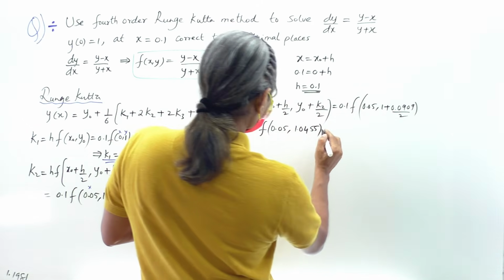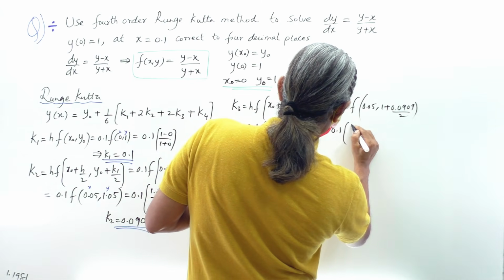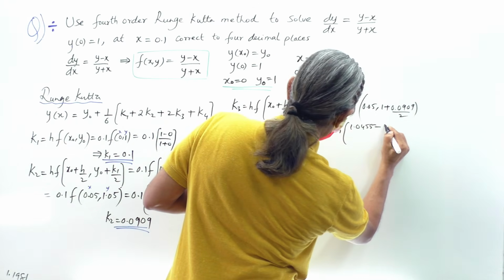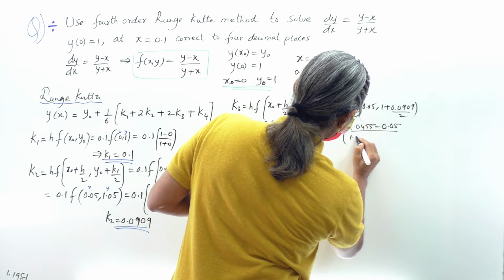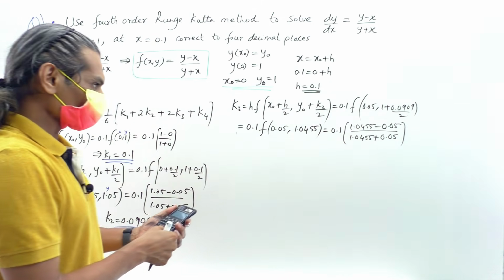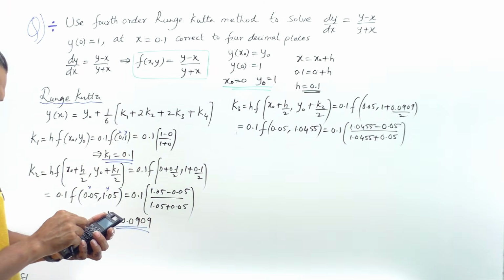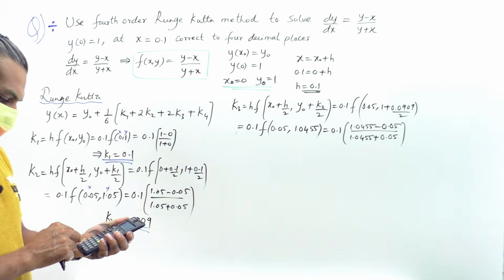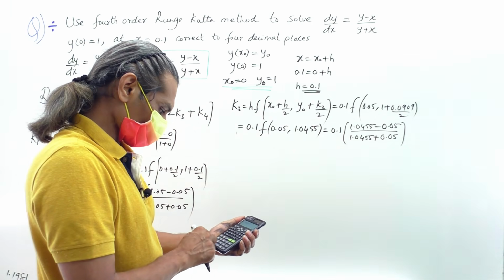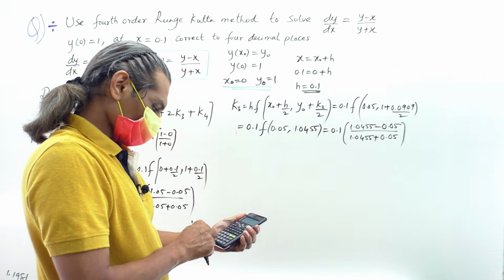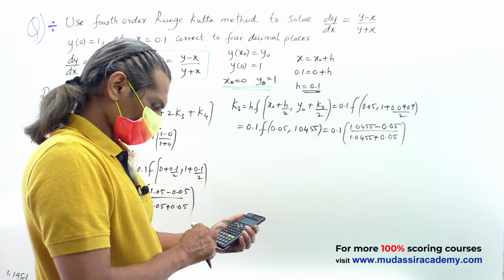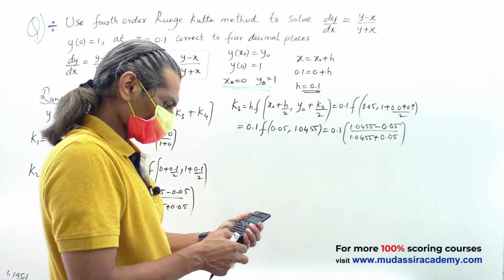1.0455. Fine. So this will again be 0.1 into (1.0455 minus 0.05) over (1.0455 plus 0.05), that is y minus x over y plus x, times 0.1 equals.